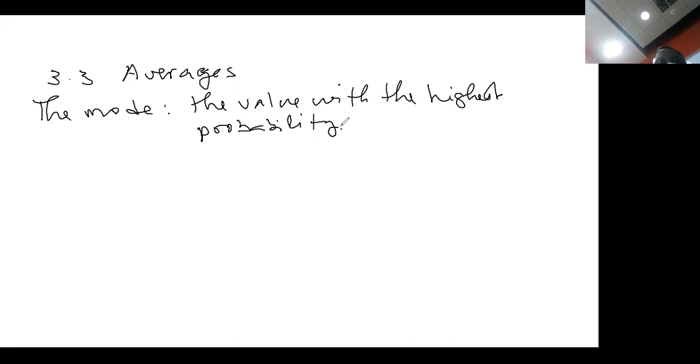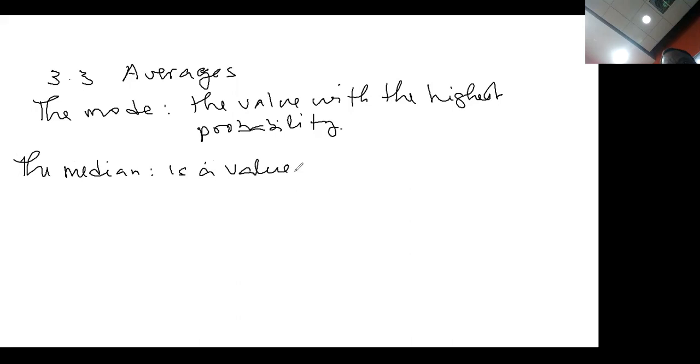There were 2 modes. So the median is a value m such that F of m is equal to half.